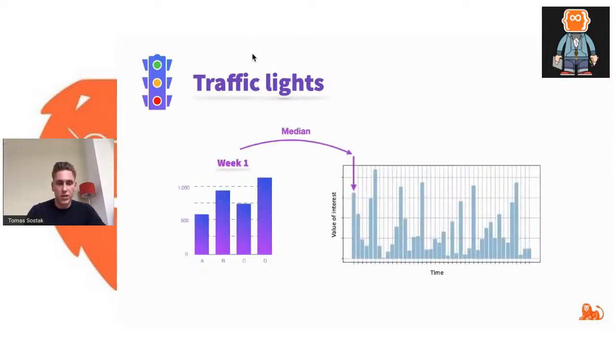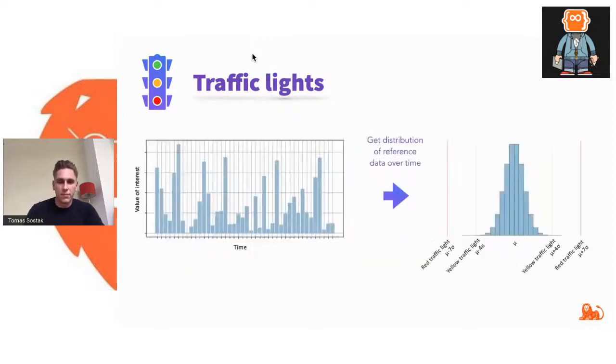If you look at the right plot, here you can see medians for each week, for example, for a year of data. The first bin represents the median for week 1 for a specific feature. And here you can see how the median was changing over the year for that specific feature.